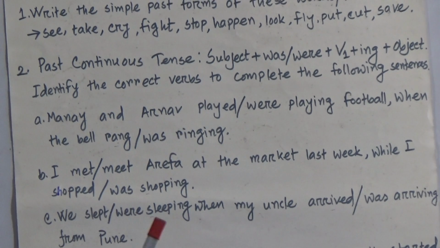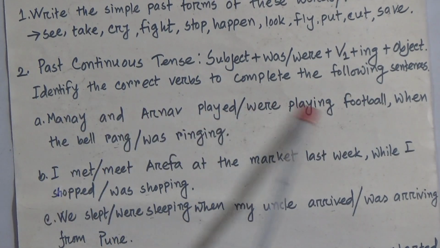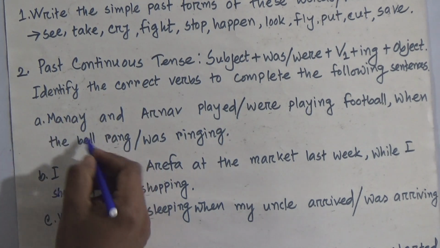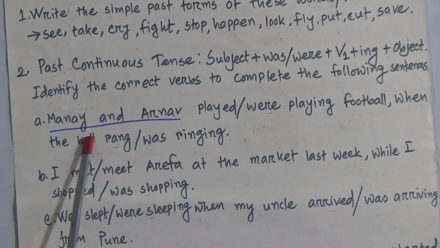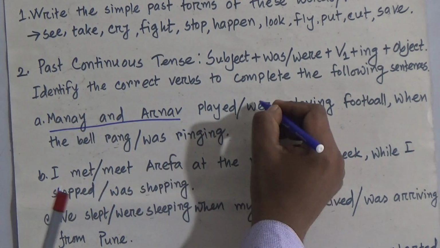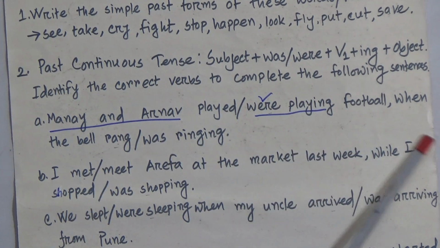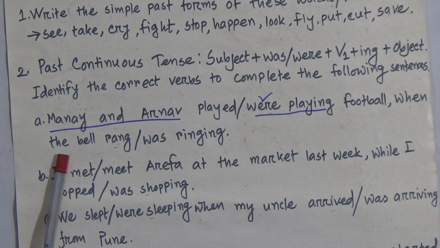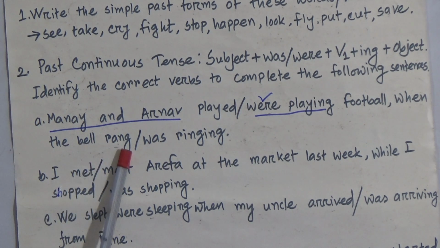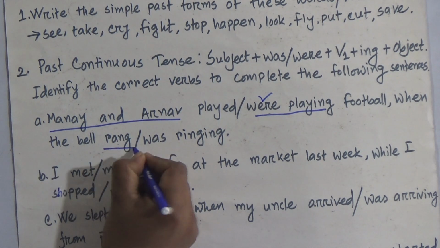Dear students, you know that it's in the meaning of past continuous tense. Manav and Arnav, they are 2 persons, so it's plural. So we have to use were playing. After that, when the bell rang or was ringing, the bell is singular, so the bell rang.